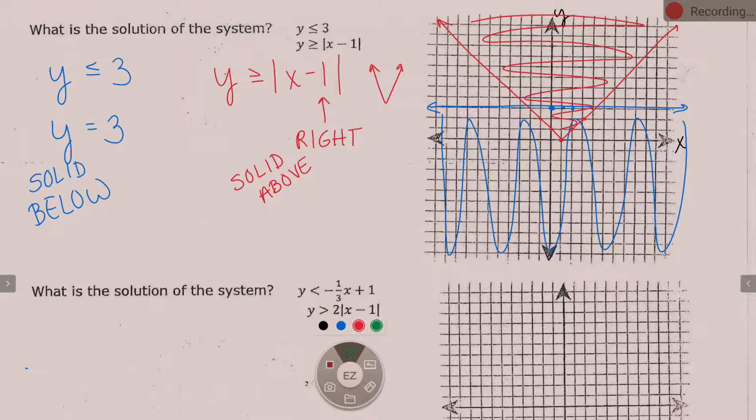The little triangle here is where my red and blue overlap. Now, don't count on it always being that, but it could be.